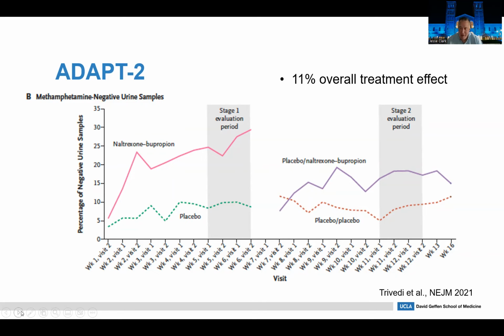But given this complex design, they did see an overall 11% effect, and you can see the curves here where they're looking at the percentage of negative urine samples for methamphetamine among people in the placebo arm, which is the lower curve, and the intervention arm, which is higher, showing a substantial reduction. So really, naltrexone-bupropion should be a staple of pharmacologic therapy for stimulant use disorder, especially for methamphetamine. The next slide.